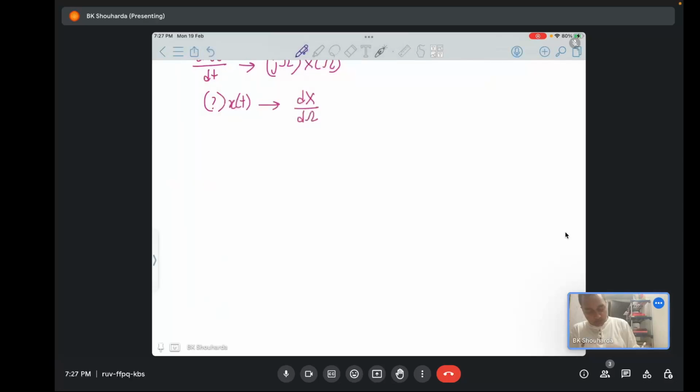Very simple. X of omega is the integral shown over here. Let me call this y(t). Now let me differentiate it with respect to omega.